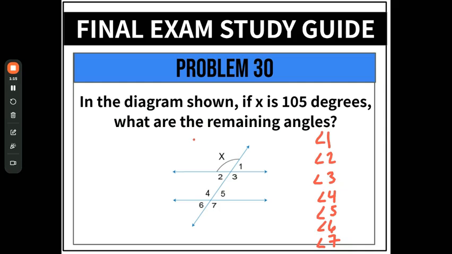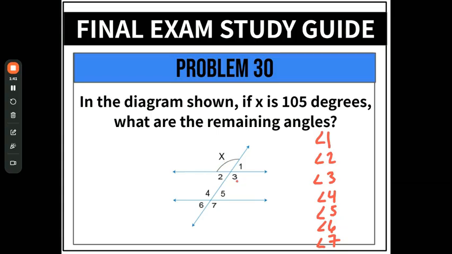But this line right here and this line, they are parallel to this line right here. So x is 105. Because they're parallel, they're going to be forming the same angles in the same places. That's how we're going to be able to determine what all of the other 7 angles are. So angle x is 105.